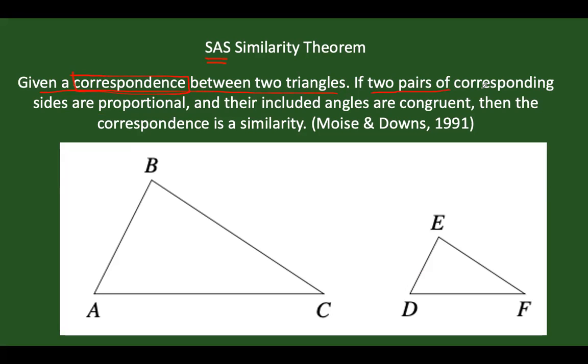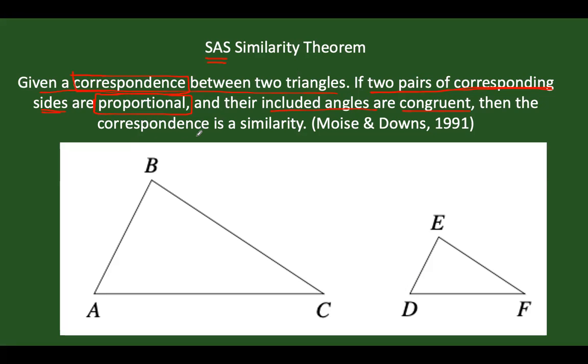Now, if two pairs of corresponding sides are proportional, again, they should be proportional. The corresponding sides, two pairs of corresponding sides are proportional, and their included angles are congruent. Then the correspondence is a similarity.